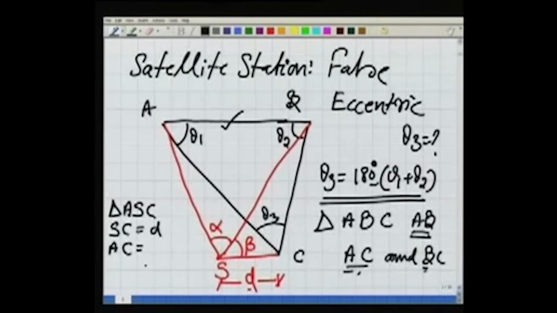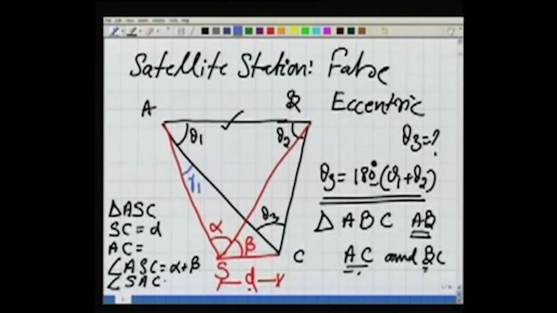Having known these two, as well as the angle ASC, which is alpha plus beta, I can apply the sine rule again and compute the angle SAC. The angle SAC, if I show it by a different color here, is this angle. So, I write this angle, for example, as gamma 1.